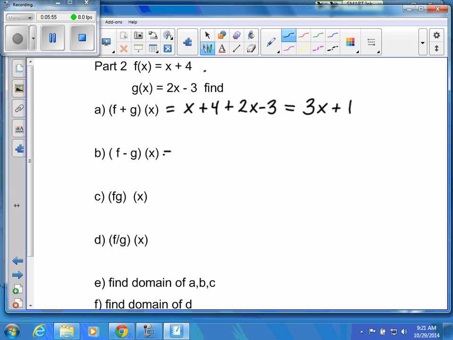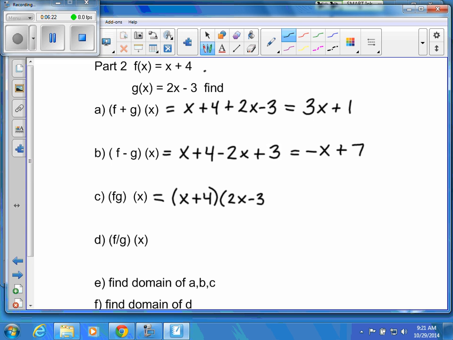Next one. We're going to subtract now. X plus 4, change them to their opposite, negative 2x plus 3, which gives you negative x plus 7. You are done. You do not have to plug a number in. Next problem. X plus 4 times 2x minus 3.